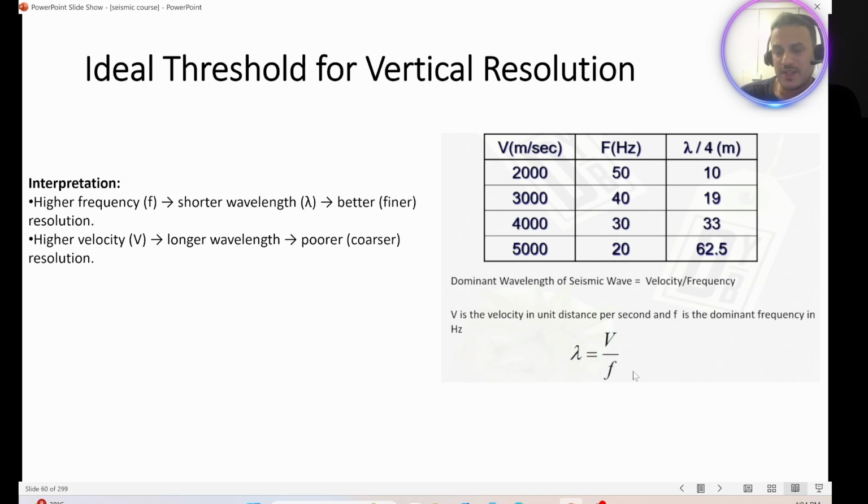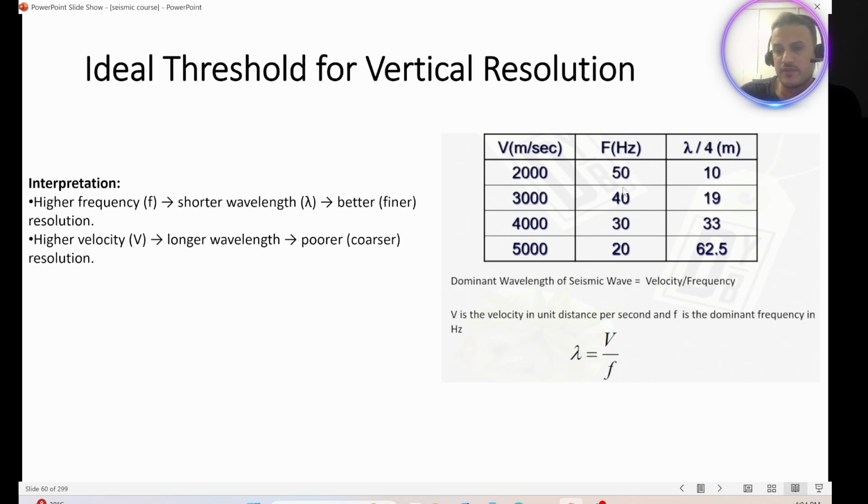The frequency is how many cycles per second. For example, if we have a frequency of 50, that means we have 50 cycles per 1 second. And if we have higher frequency, that means we have very low lambda, for example here 10.